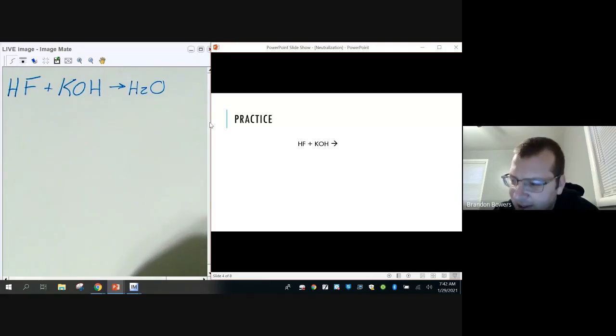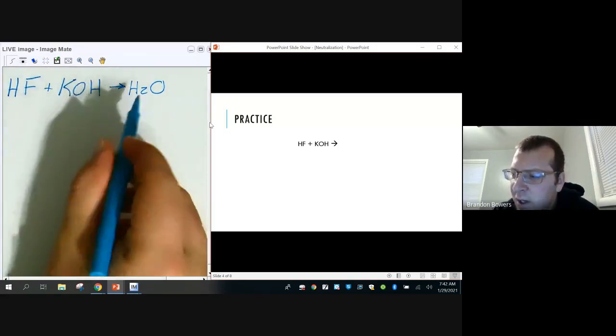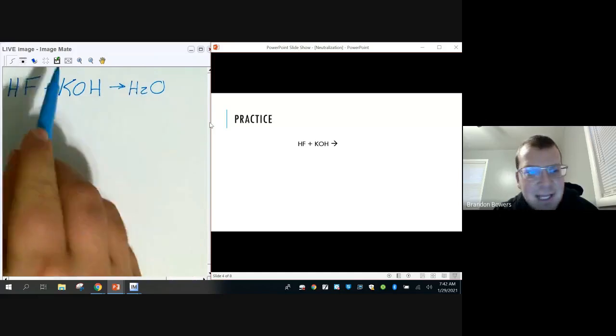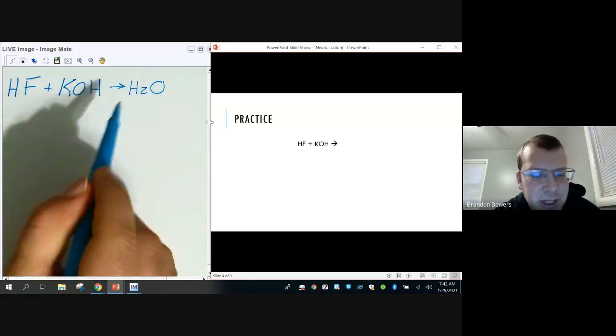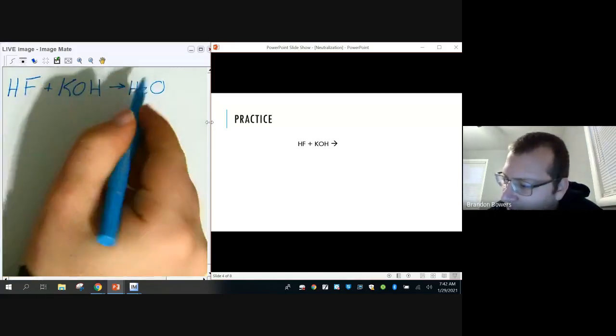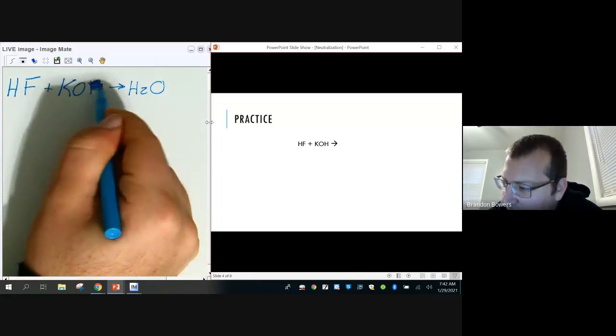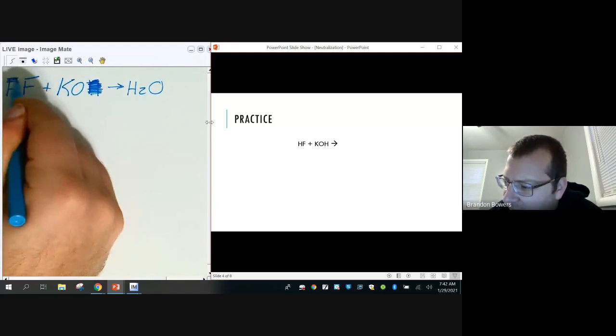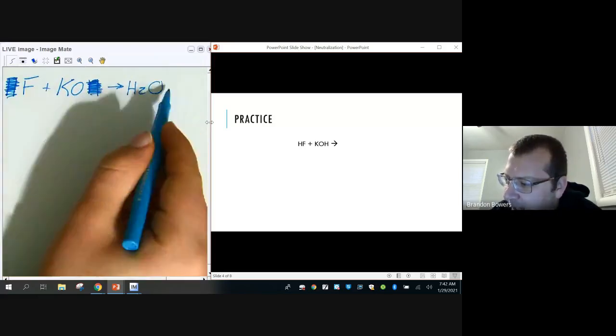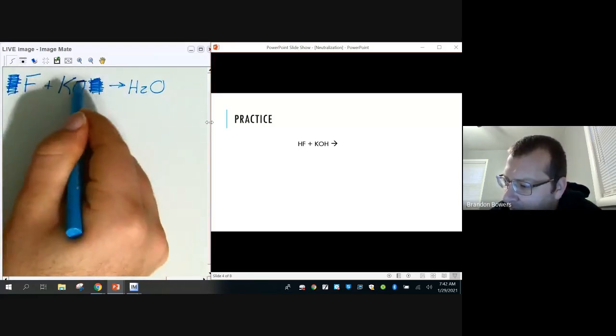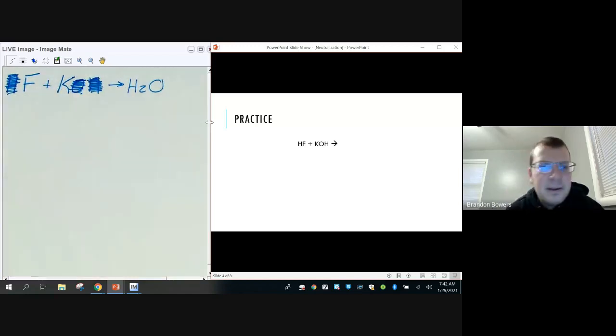If we look at H2O, that means on the reactant side I have to get rid of two H's, there's one H and a second H, and I have to get rid of an O. That leaves two elements left as the second product.